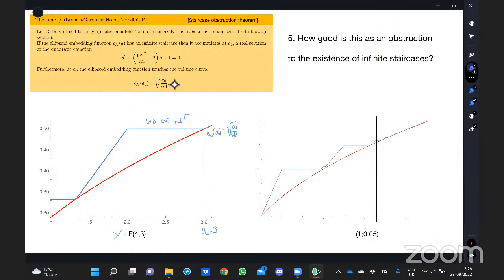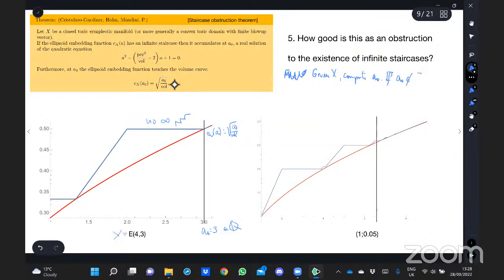However, it does seem that this can only happen when this A naught that we compute is a rational number. So maybe I should update this to: given X, compute A naught.